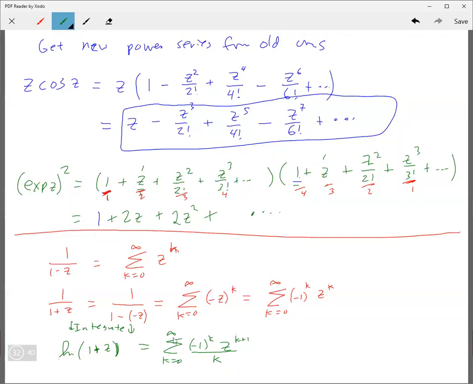And I get that. So if I integrate that, I get z to the k plus 1 over k plus 1. And that goes from 0 to infinity. So, okay, and so then you get something like that.